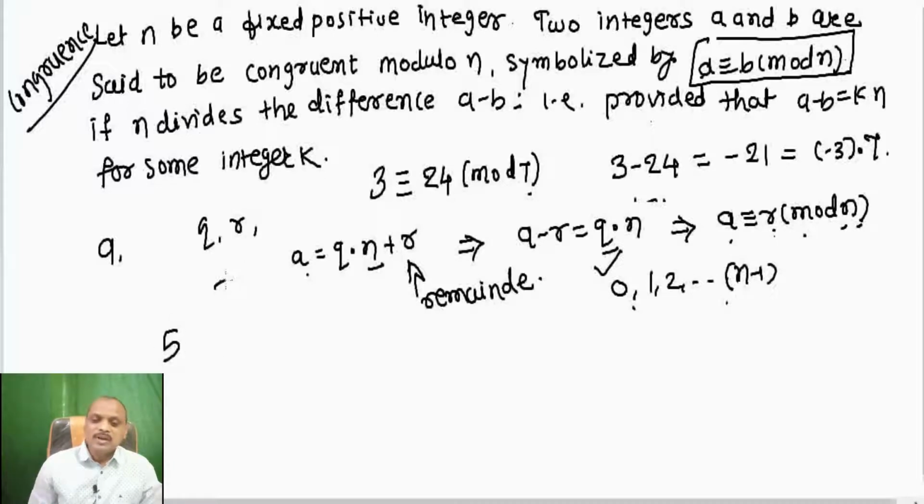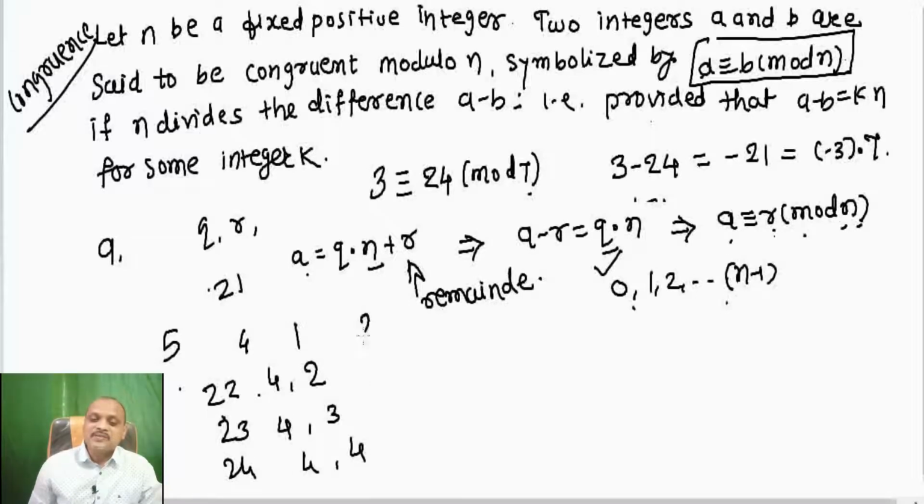For example, take 5 and the number 21. When we divide 21 by 5, we get quotient 4 and remainder 1. If we divide 22 by 5, we get quotient 4 and remainder 2. Again 23, we get 4 and remainder 3. For 24, we get 4 and remainder 4. For 25, we get remainder 0.